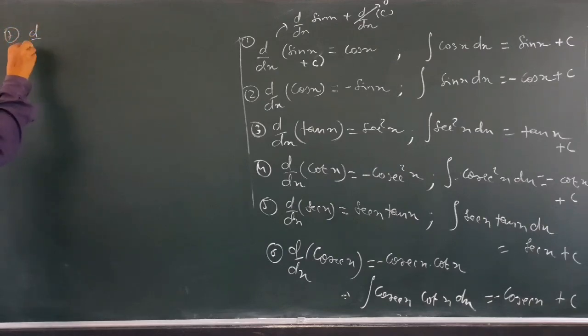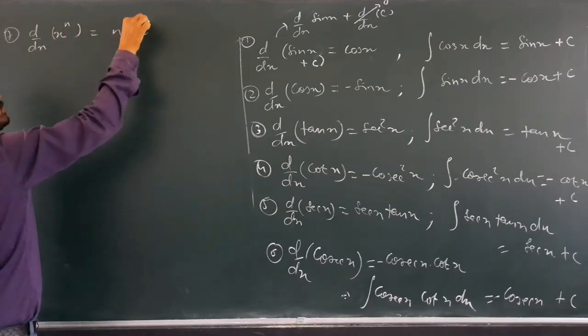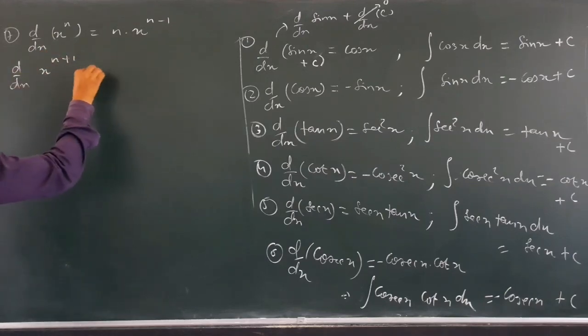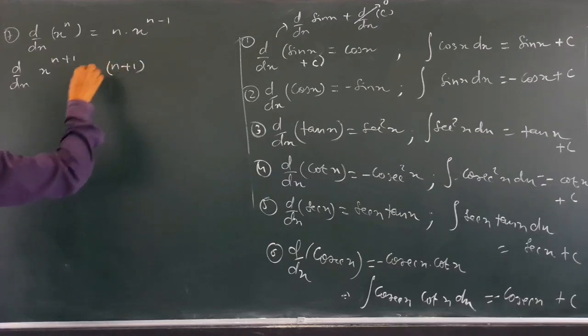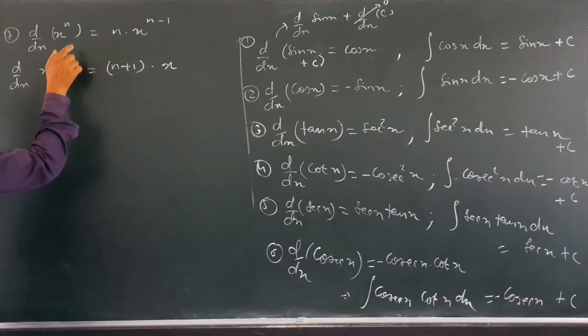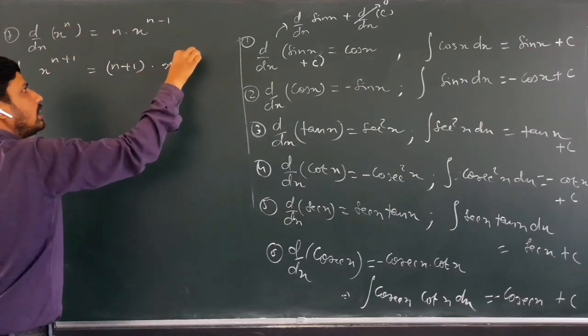Now let's see this one, d by dx of x to the power n. This we have read as n times x to the power n minus 1. Using this, you can write d by dx of x to the power n plus 1 if you wish. This will be n plus 1, the power is n plus 1, into x to the power n plus 1 minus 1.